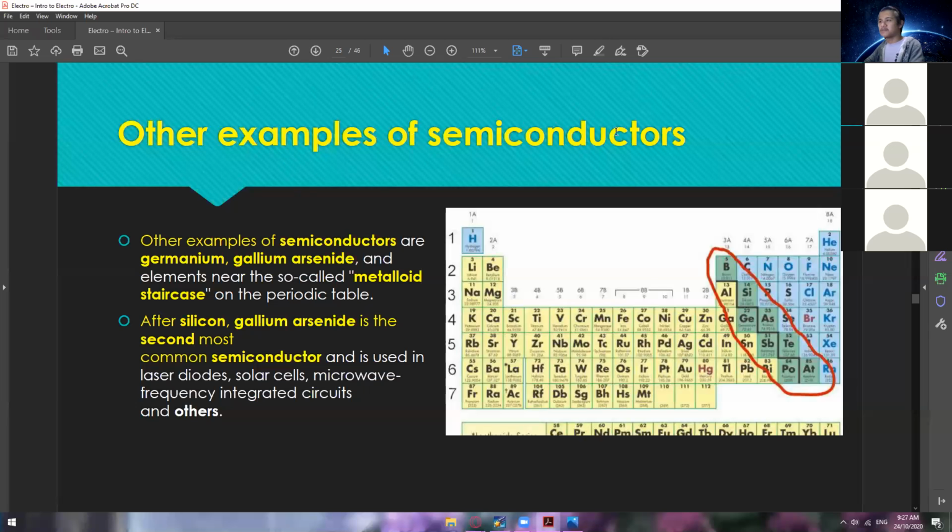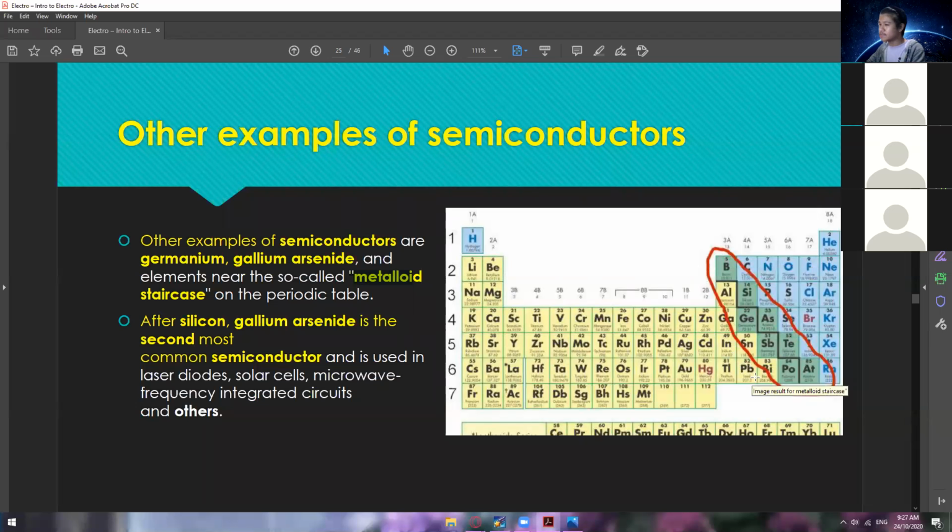Other examples of semiconductors, of course, other than silicon, we have germanium, the second most familiar when it comes to semiconductors. We also have gallium arsenide and elements near the so-called metalloid. As you can see right here, the ones encircled in red are semiconductors.